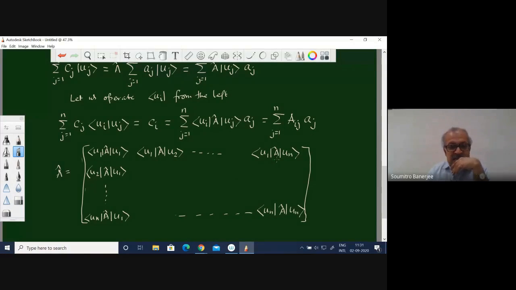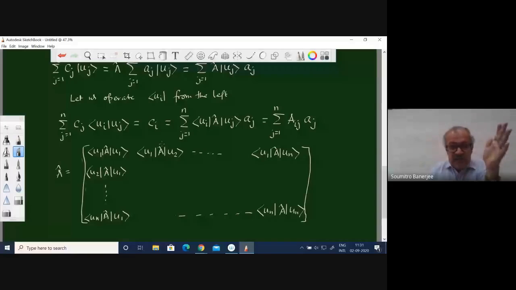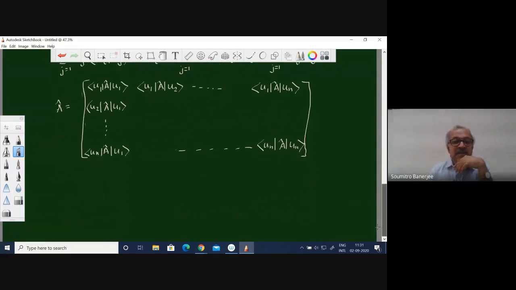A operating on U2, the second basis vector, whatever you get, you bracket it with U1, whatever you get, that goes here, and so on and so forth. That fills the matrix.